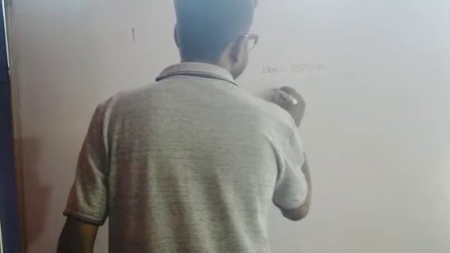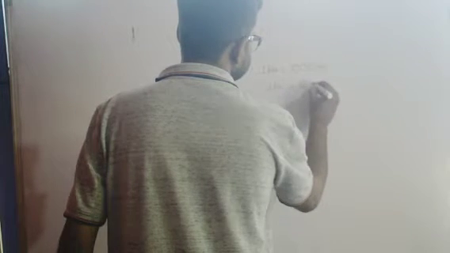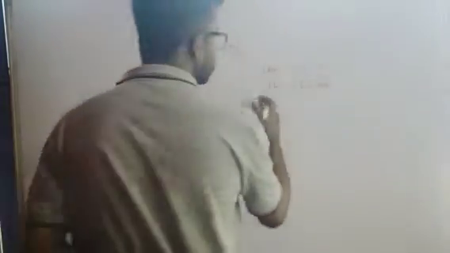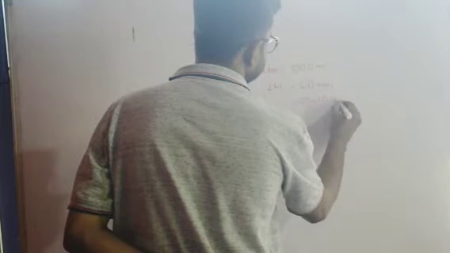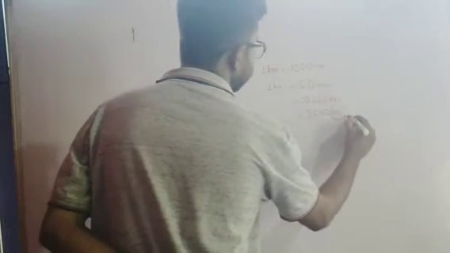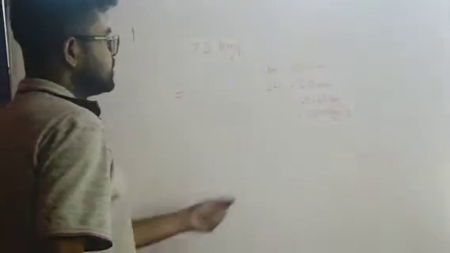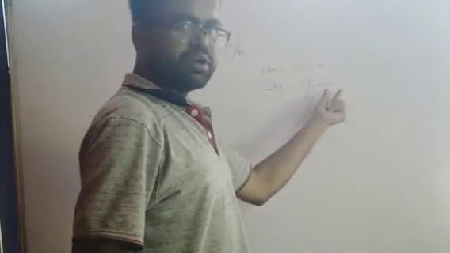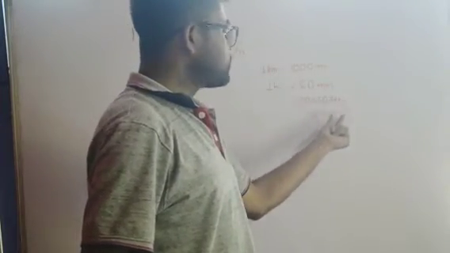Now 1 hour, as you know, is equal to 60 minutes. And 1 minute is equal to how many seconds? 60 seconds. So 1 hour will be equal to 60 into 60 seconds, that means 3600 seconds. In general we write s, but for your understanding I am writing sec for second.